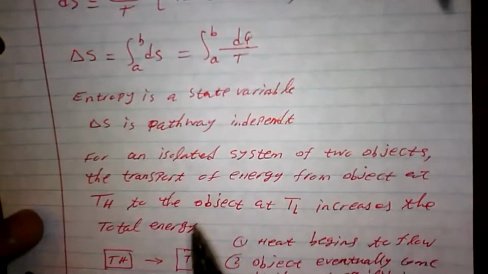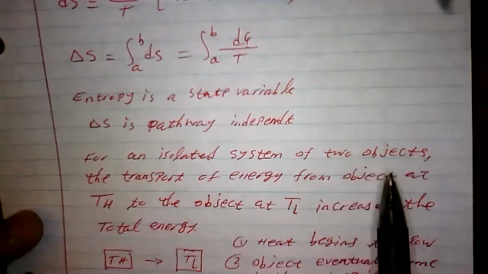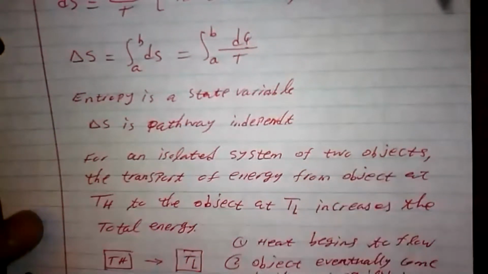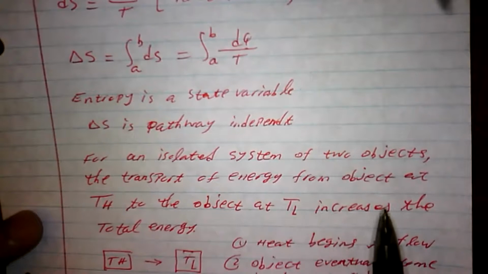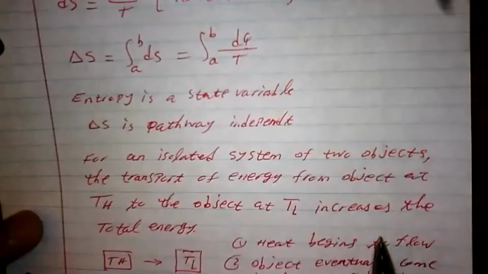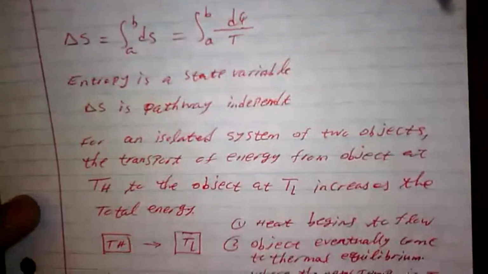So for an isolated system of two objects, meaning a hot reservoir and a cold reservoir, the transport of energy from the object at TH, high temperature, to the object at low temperature increases the total entropy of the system.